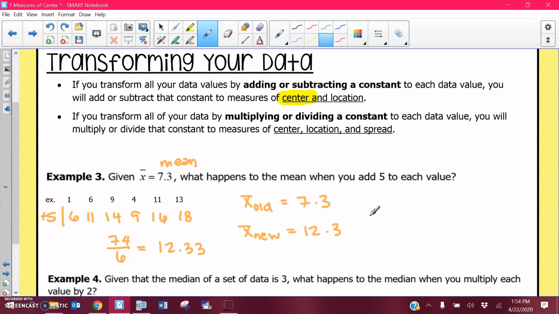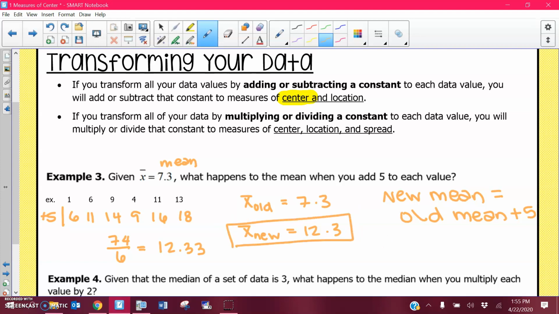All of my values changed by that same number. So my measures of center would also add 5. So for this case, your new mean, when you're adding or subtracting something to every single value, is going to be your old mean plus whatever it was. So in this case, my x bar new, my new mean, is 12.3.